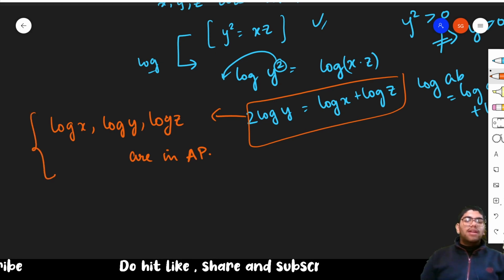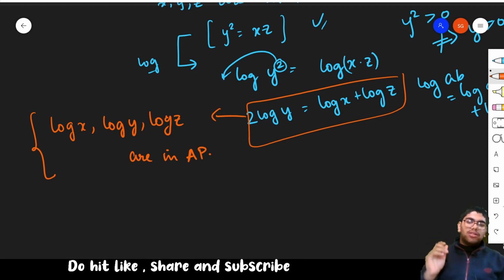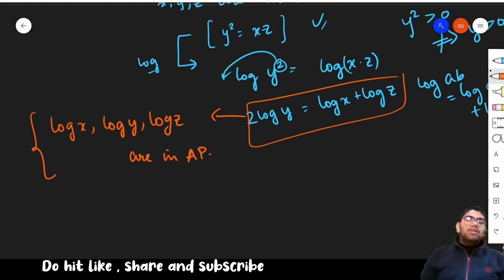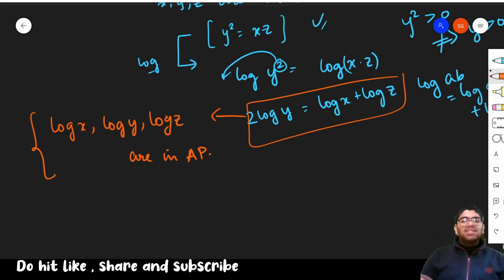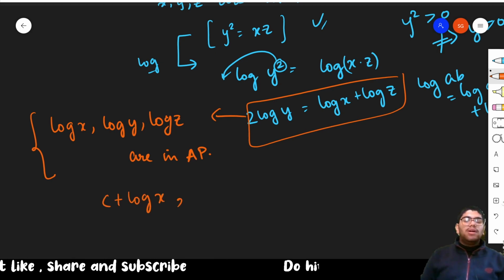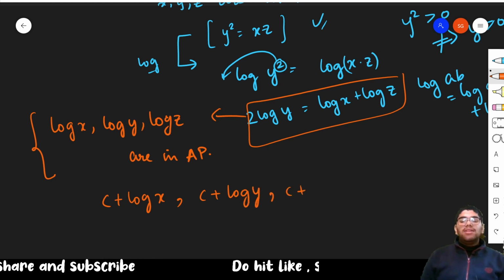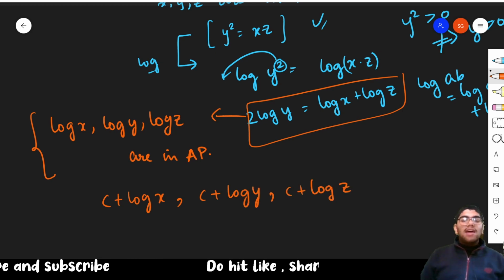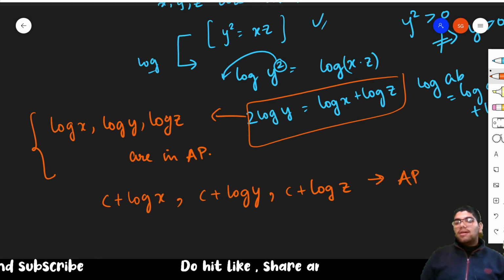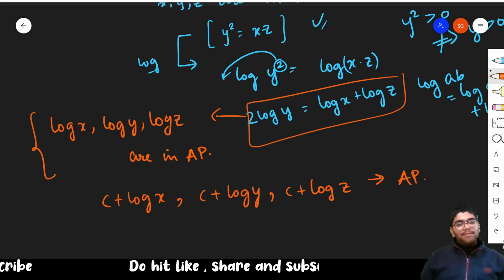Okay, great. So we have established a relation between log x, log y, and log z, and also we know that if I add a constant, let's say c plus log x, c plus log y, and c plus log z, they are necessarily going to be in AP. Why? Because the common difference will still remain the same.